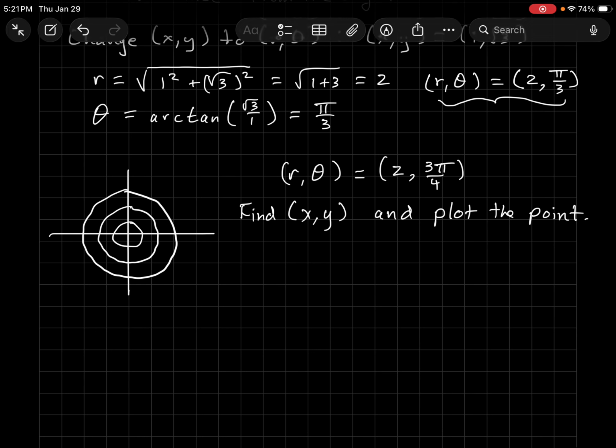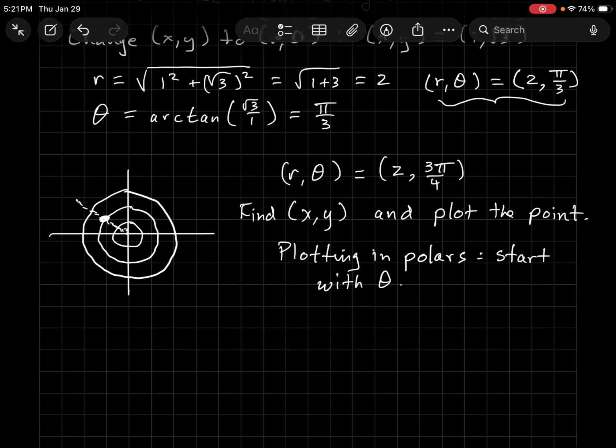And my recommendation when you're plotting in polars is to start with the angle. So if I want to plot 2 comma 3 pi over 4, I start with the angle 3 pi over 4, which is supposed to be right down the middle in the second quadrant. And then I go 2 units, 1, 2, away.